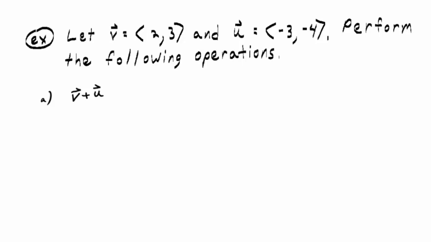But okay, in this example we're going to let v equal the vector 2, 3 in component form, and u equal the vector -3, -4. Perform the following operations: v plus u. So what's v? v is 2, 3, and u is -3, -4. And so we're going to add these guys together. So what do we get?